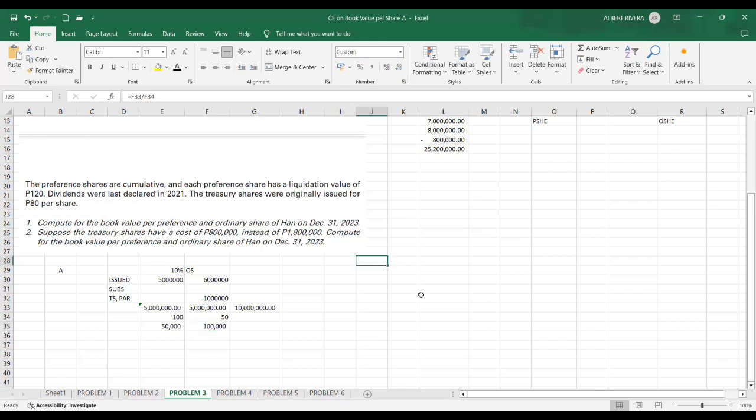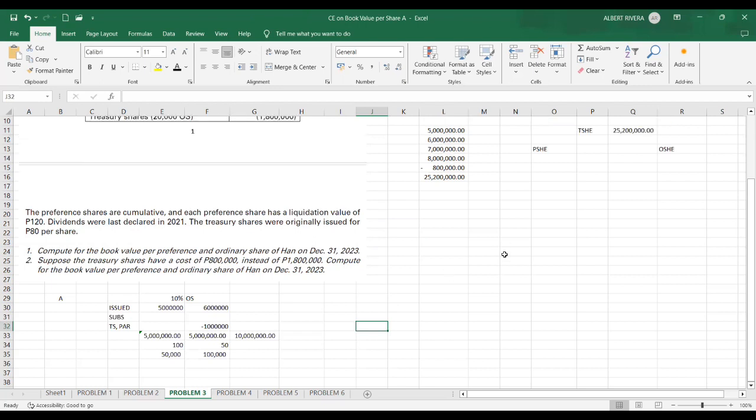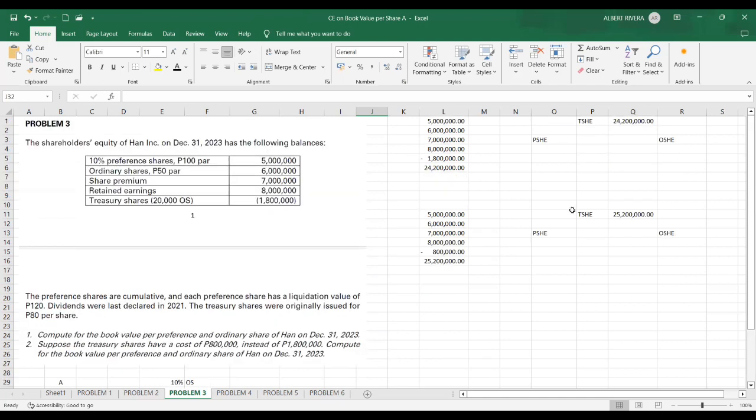Tuloy natin. So the requirement is for us to compute for the book value for preference and the book value for ordinary. Okay? Balik tayo dito. So this is 24,200,000 pesos. Meron bang liquidation value? Check natin. Ang sabi, the preference shares are cumulative and each preference share has a liquidation value of 120.